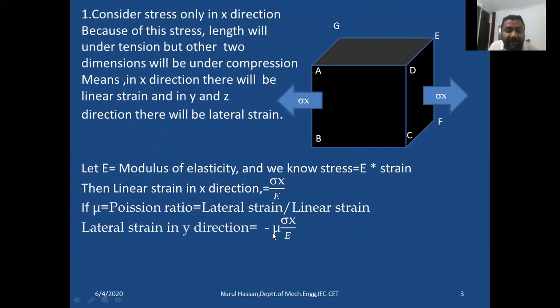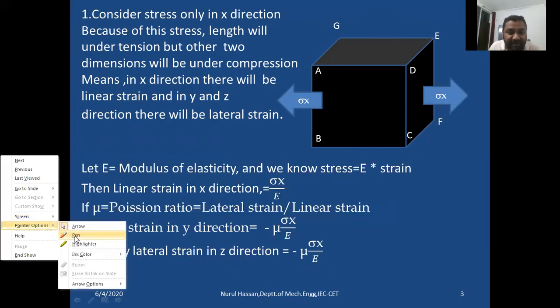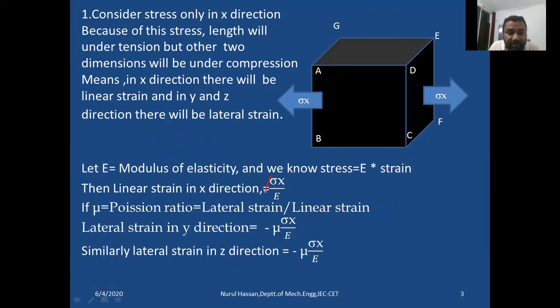So I have taken it as negative: minus mu sigma x by E. Similarly, lateral strain in z direction will be the same, minus mu sigma x by E. So I got, because of the sigma x stress along the x direction, the linear strain in x direction is sigma x by E, the lateral strain in y direction is minus mu sigma x by E, and similarly the lateral strain in z direction is minus mu sigma x by E.